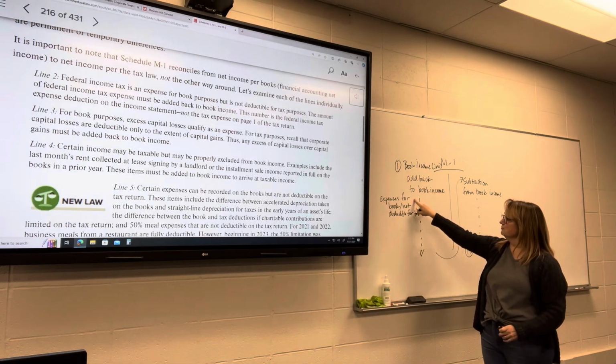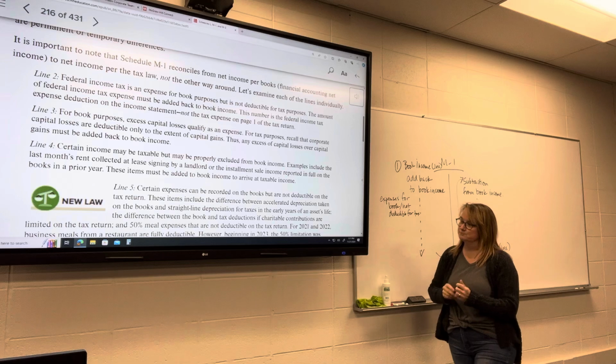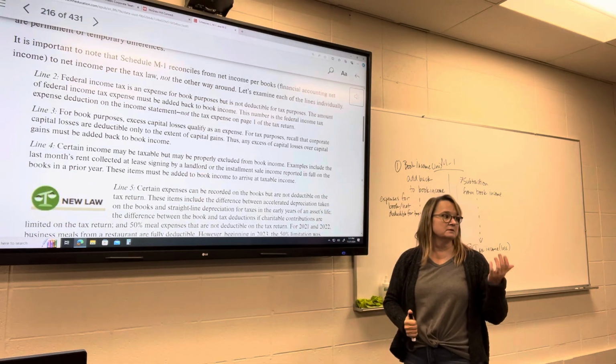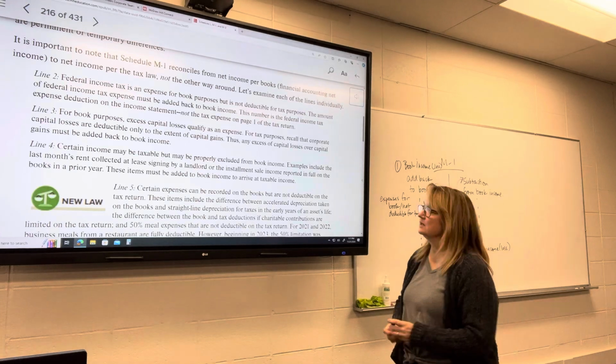So expense for book, but not deductible for tax purposes. Federal income taxes is one of those things. We expensed it on the books. We're not expensing it or deducting it on the tax return.